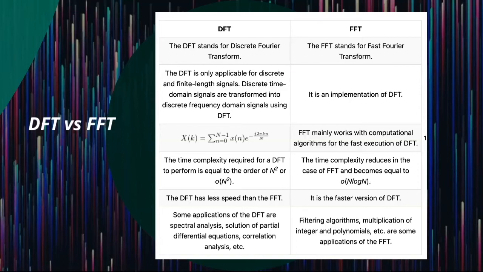So the fast Fourier transform is nothing but an implementation of DFT, but the FFT provides a more efficient result than the DFT, and the computational time required for a signal in the case of FFT is much less than that of DFT.